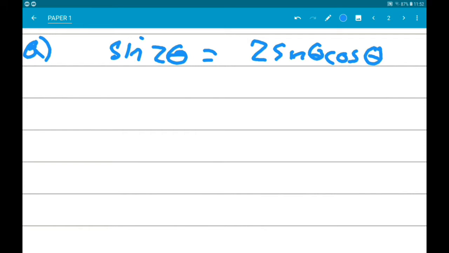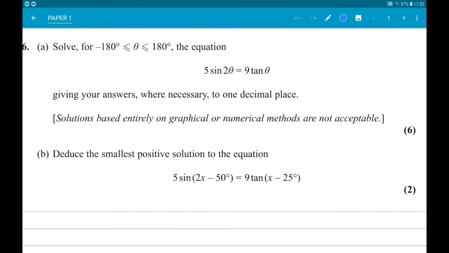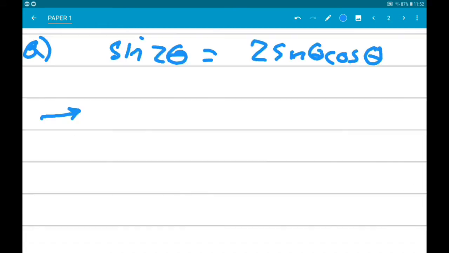And tan theta is sine over cos. So this means then that we have 5 times 2 sine theta cos theta, now we could say that's equal to 9 sine theta over cos theta.